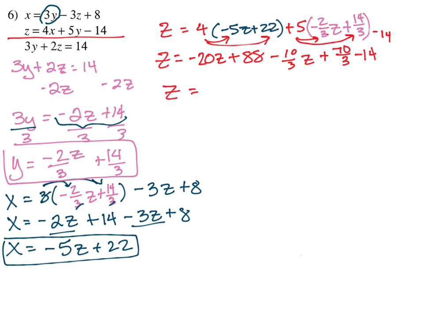How many would it be? 60 thirds. 20 is also known as 60 thirds. So instead of 20, call that negative 60 thirds. And we're trying to combine negative 60 thirds with negative 10 thirds. What does that make? Negative 70 thirds z.